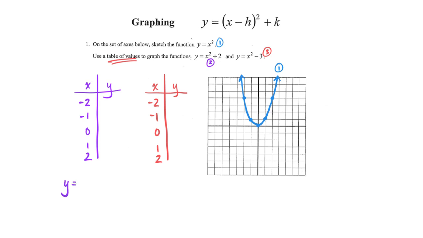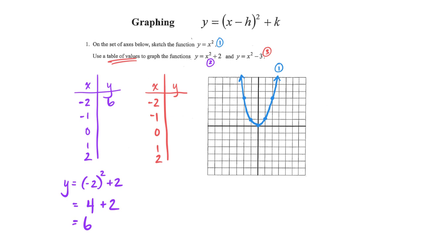If I now calculate subbing in my -2 for my x, this act right here of squaring the -2 and now just adding on the 2 gets us to 6. There's my y value, and hopefully we match up.